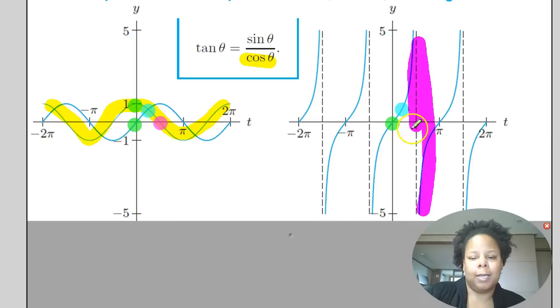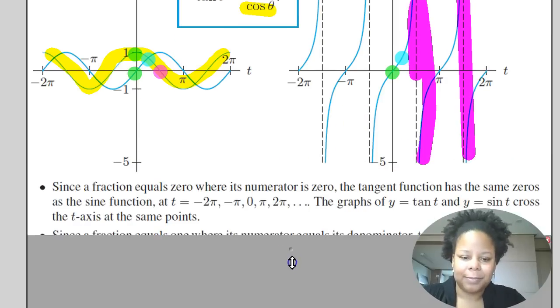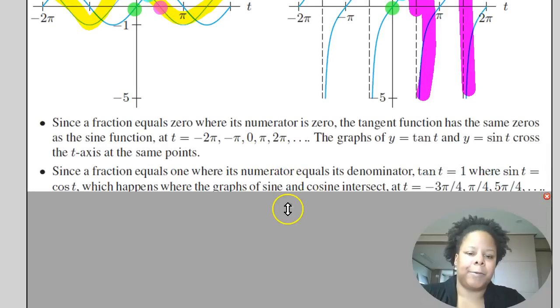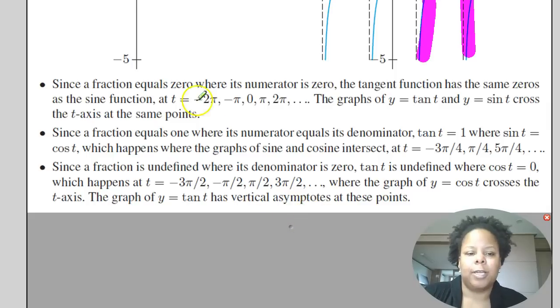So pi over 2 plus pi is 3 pi over 2, and we're going to have another vertical asymptote. In summary, a fraction equals 0 when its numerator is 0.